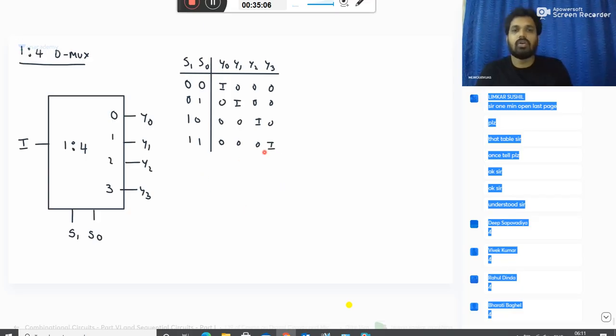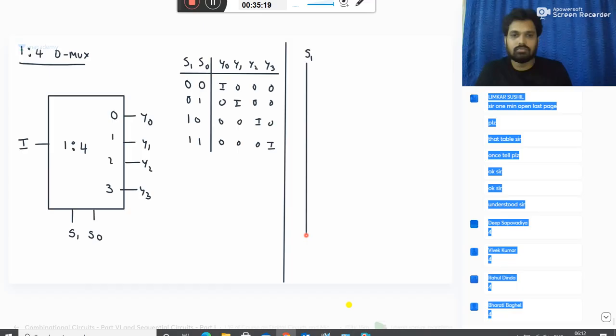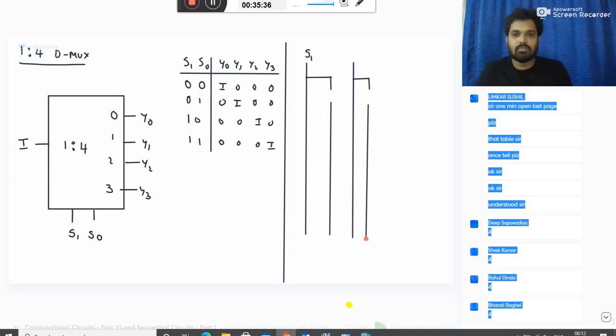Okay, so now let's make the implementation of this. So how to make it? When S1 and S0 are 0, 0, your I will be given to Y0.